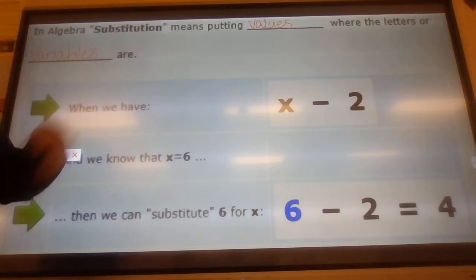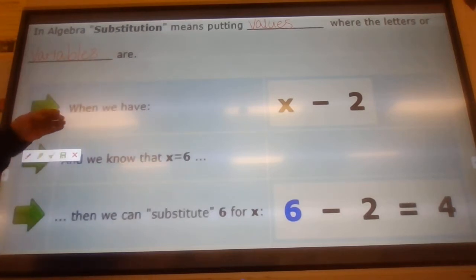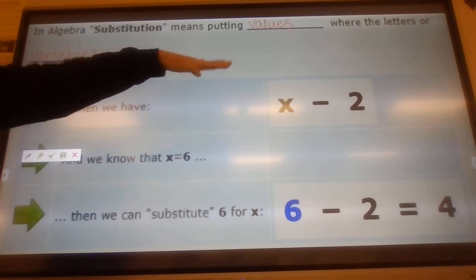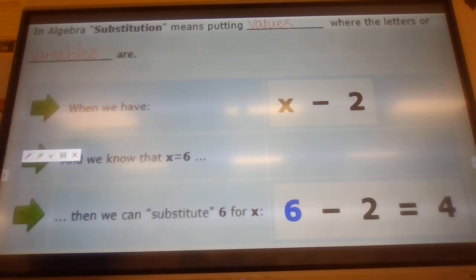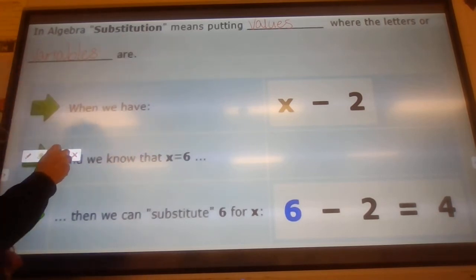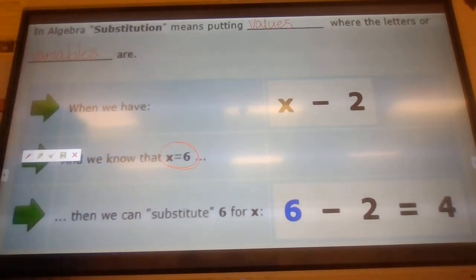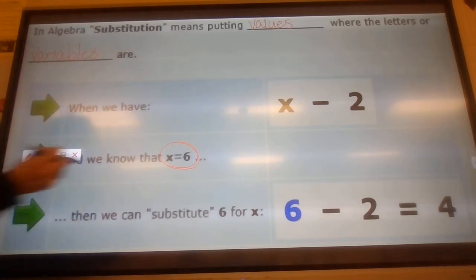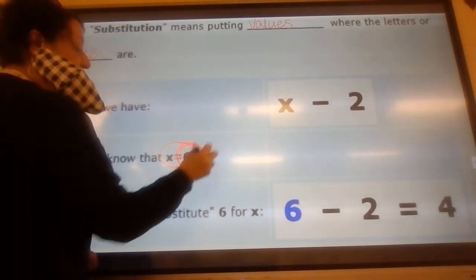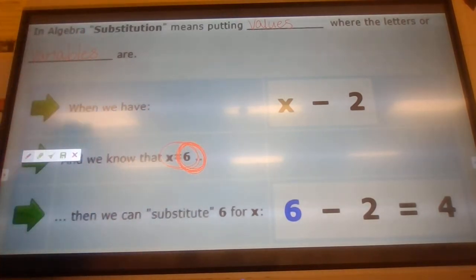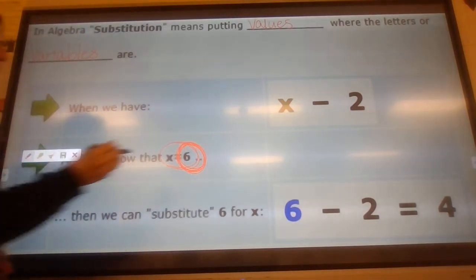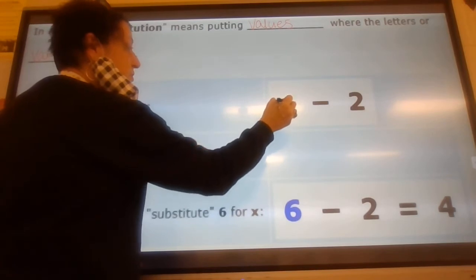So the examples that are here, we're just going to talk through them. We have x minus 2. Okay? If you look on your notes. And we know that x equals 6. I want you to circle x equals 6. And then I want you to circle again that 6 right there. Really circle that 6 real good. And I want you to draw an arrow to the x.